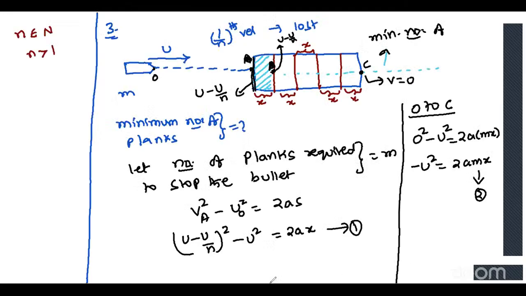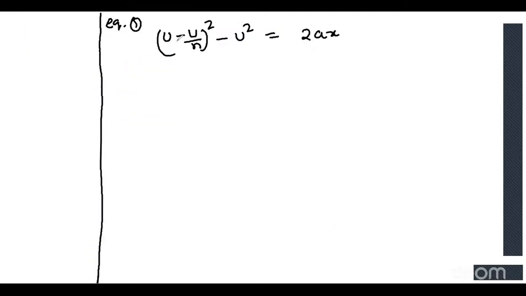From equation 1, we are having that (u minus u by n) whole square minus u square equal to 2ax. Here I'll take u common. That is u square into (1 minus 1 by n) whole square minus u square.